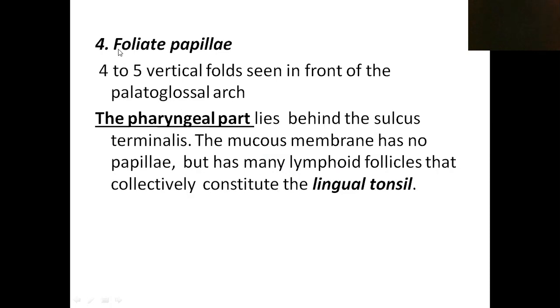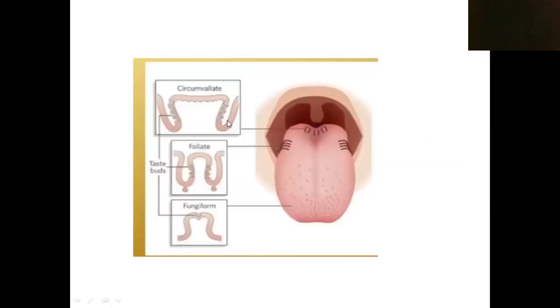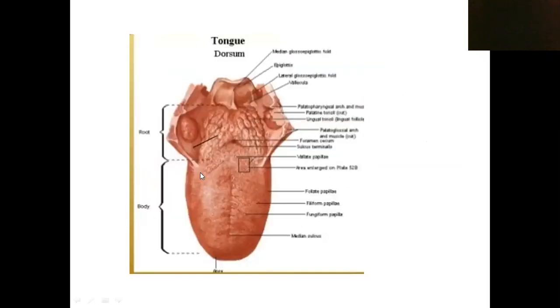Then the last type, foliate papillae. Those are vertical foldings seen just in front of the palatoglossal arch. See, this is the palatoglossal arch, and this is the palatoglossal arch of the opposite side. Here we can see some lines.